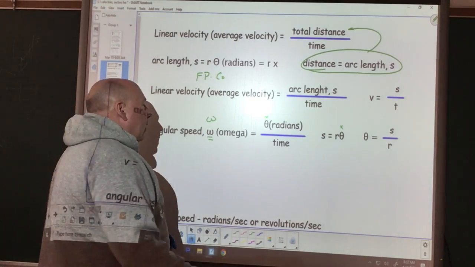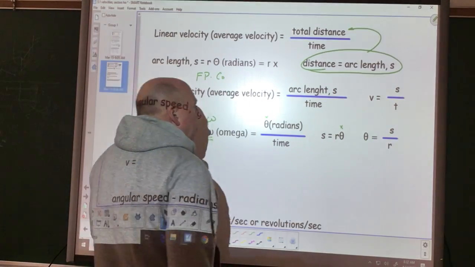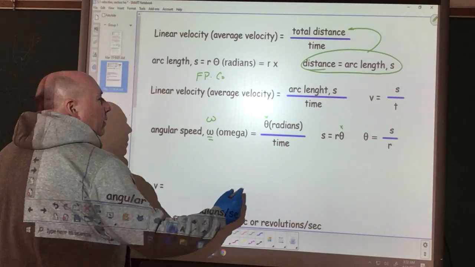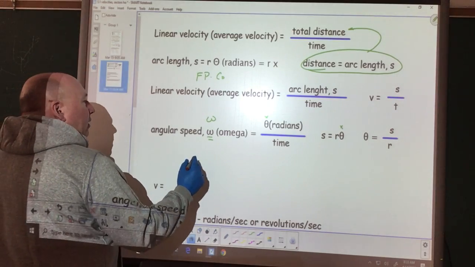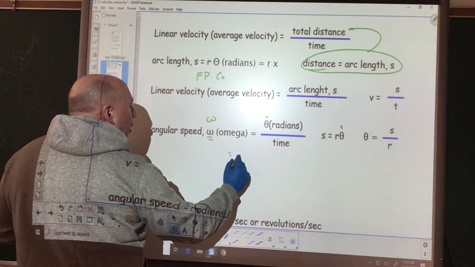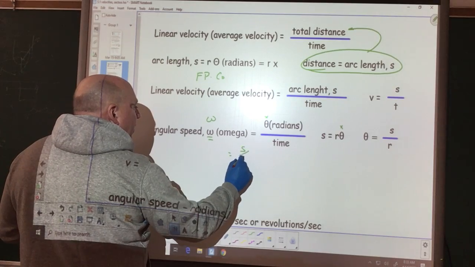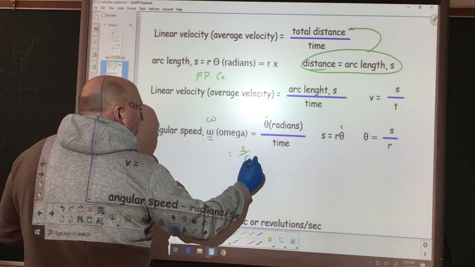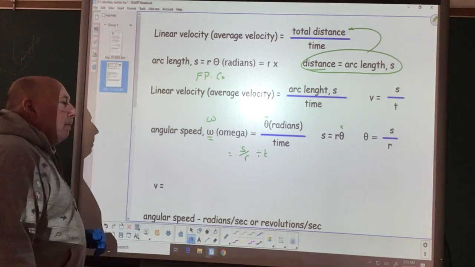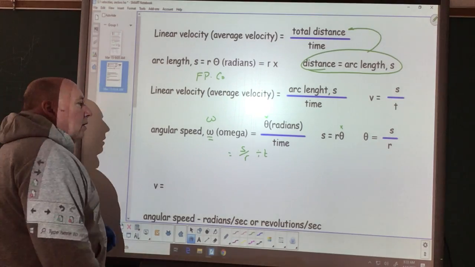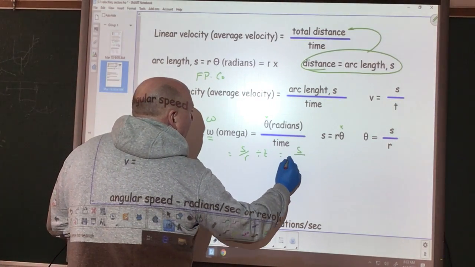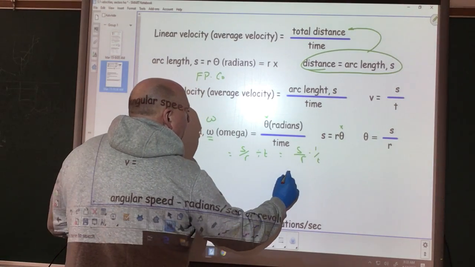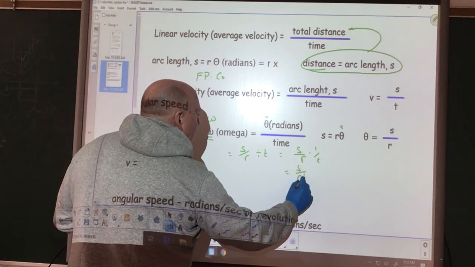So if I want to find my angular velocity, I have my arc length divided by my radius, and I'm dividing this by the amount of time, which turns into arc length divided by radius times 1 over time.